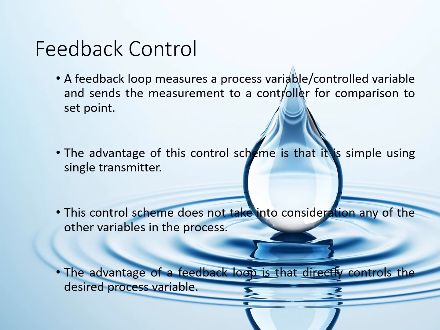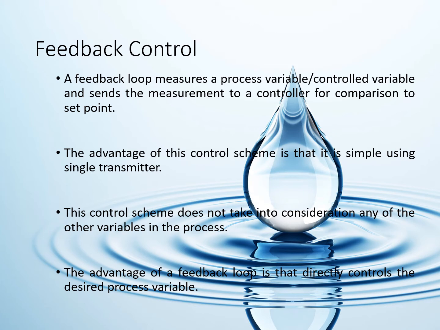Okay, what is feedback control? A feedback loop measures a process variable or control variable and sends the measurement to the controller for comparison to the set point. I will show the figure in detail so that you can understand more after this, but here I will explain the details of feedback control.